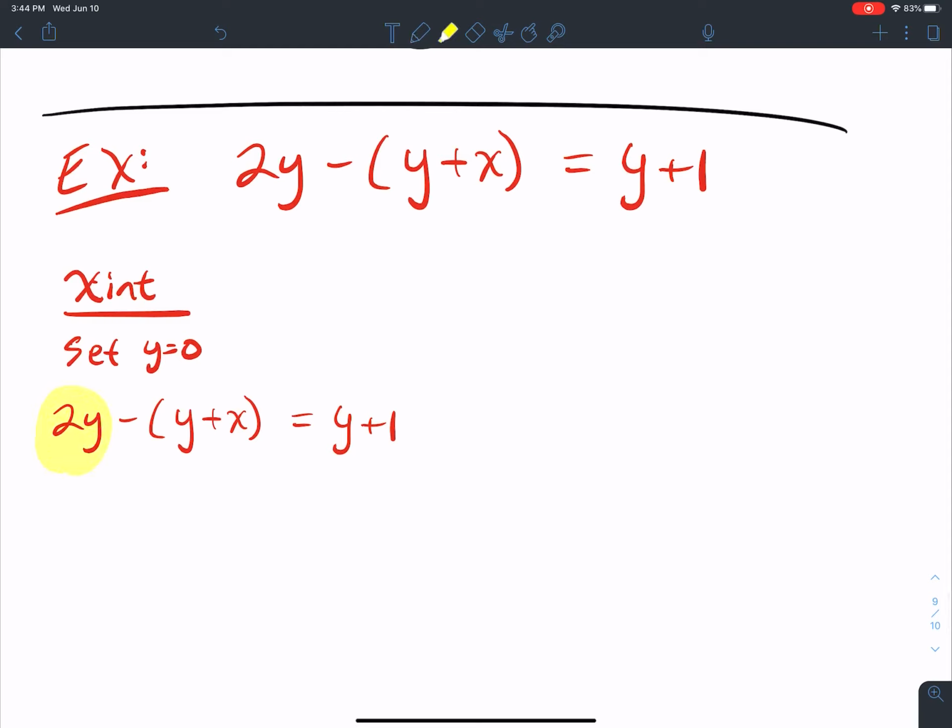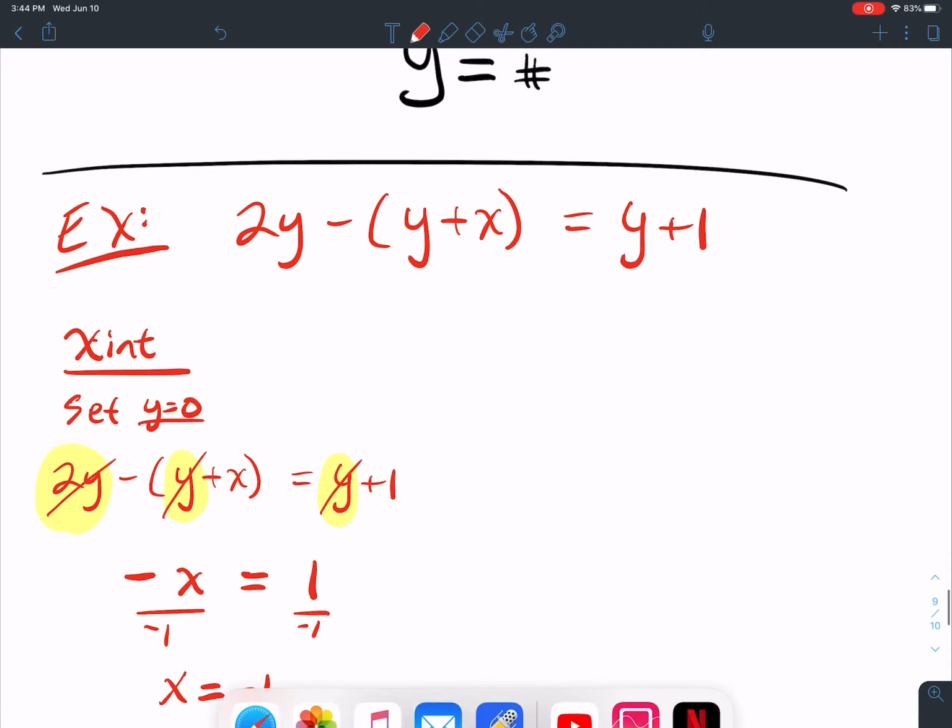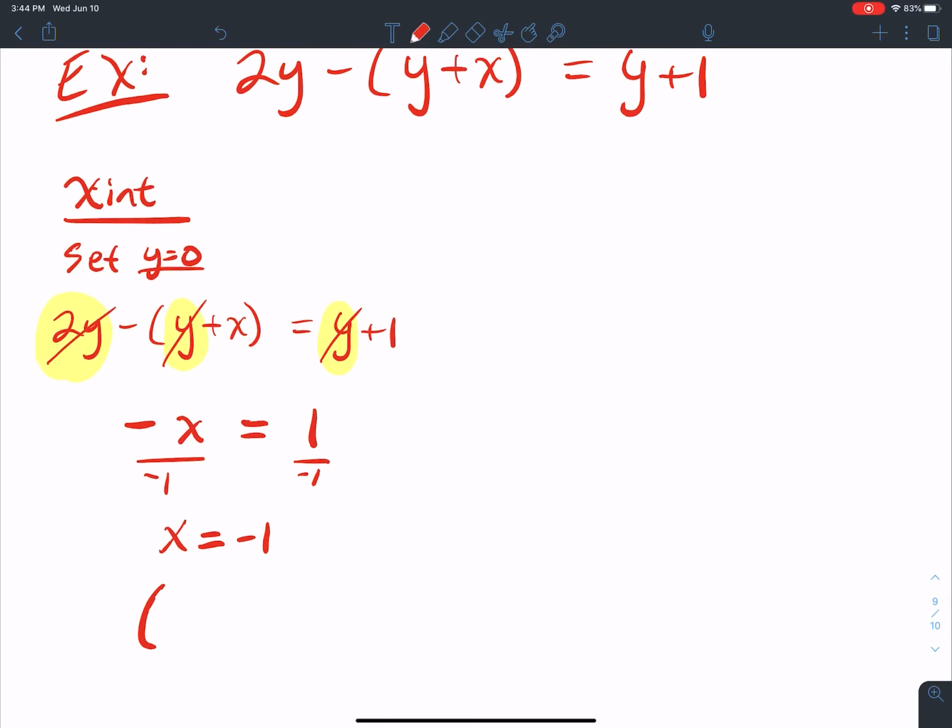This goes away, and that goes away, if y is equal to 0. So this just becomes negative x equals 1. All these things with y go away if I set y equal to 0. Divide by -1, so x equals -1. So this is (-1, 0) for the x-intercept.